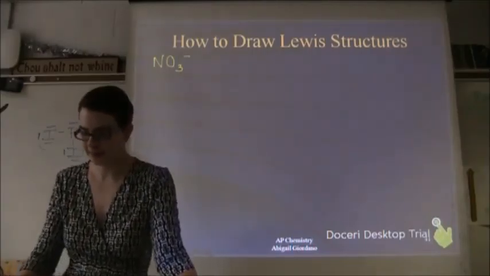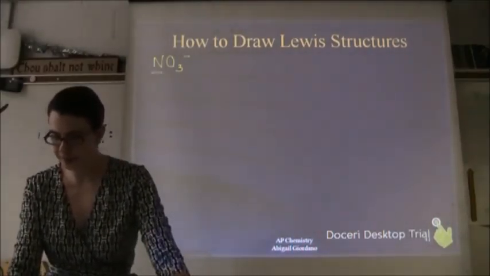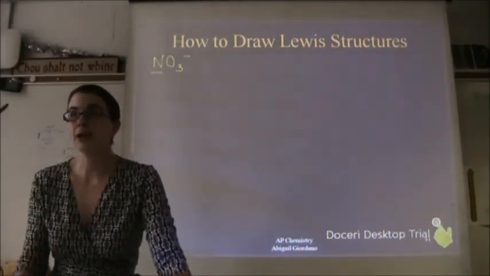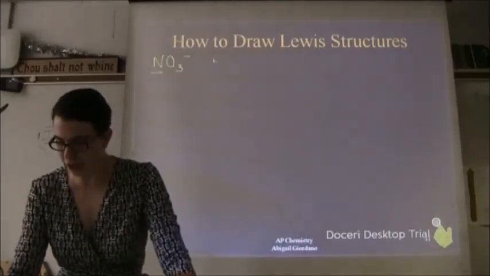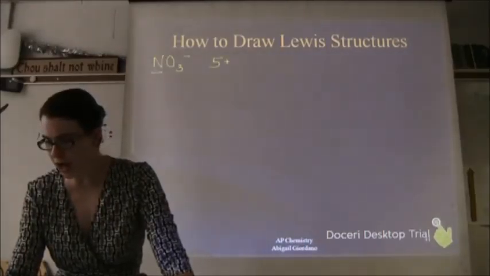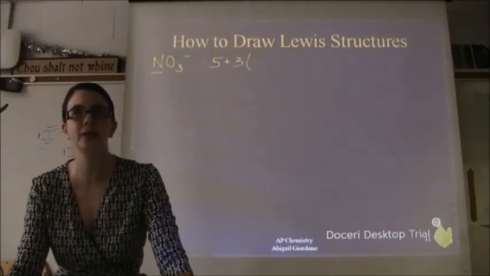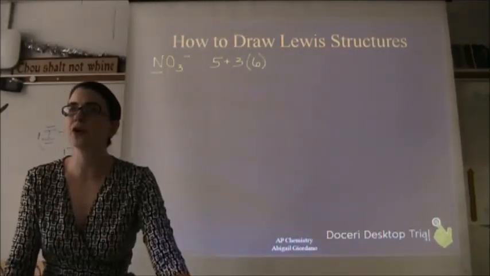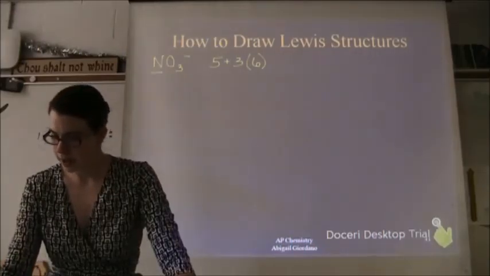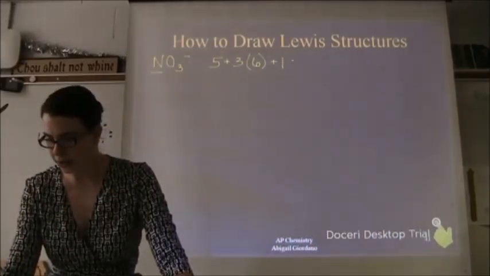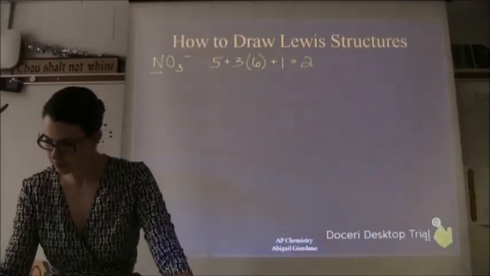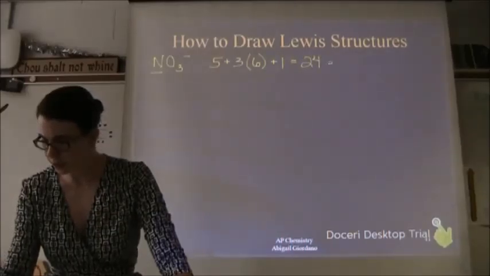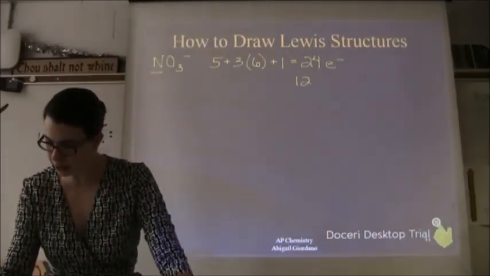What's it going to be? You got it? Let's add up our total electrons. We just saw nitrogen has 5. Each oxygen has 6. Okay. How do I deal with that overall charge? All right, let's add 1 more electron. So that's 24 total, 12 pairs.